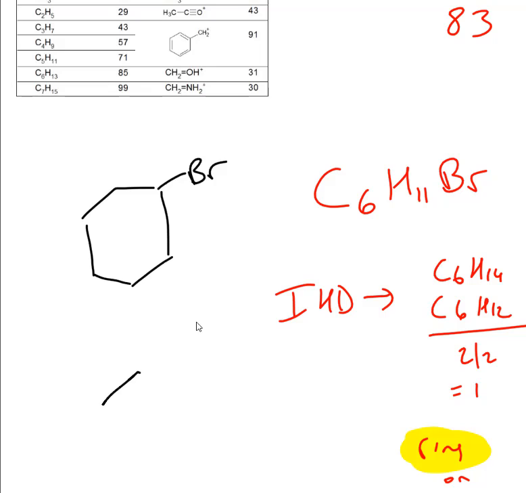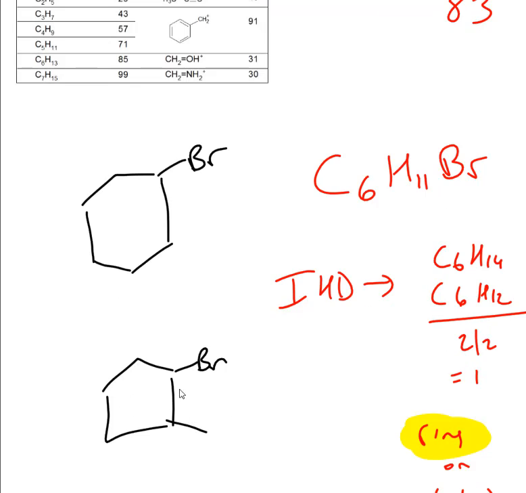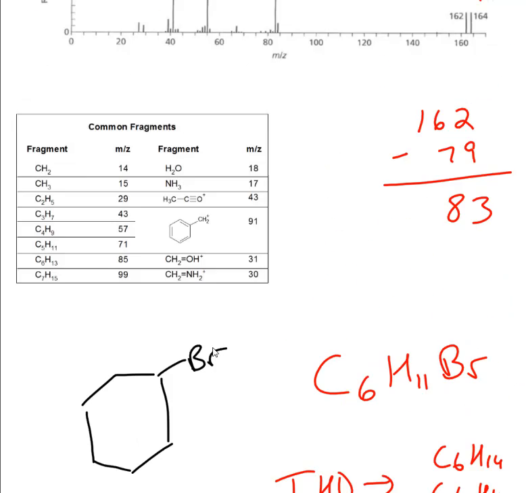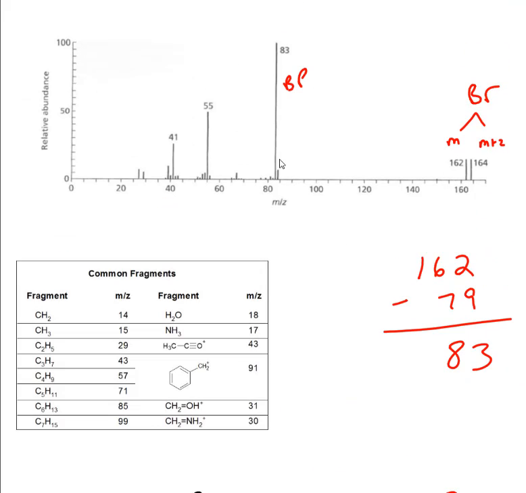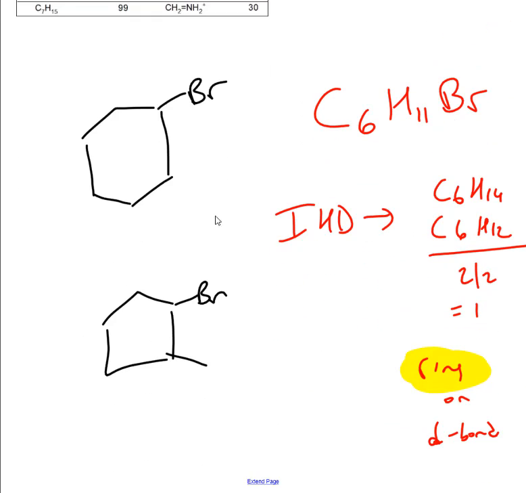Now, you might say, well, why didn't you do like a 5-membered ring, Br, and a methyl? Because once you start doing that, now you should start seeing like methyls breaking off. And so you should have a reading for 5 carbons and a Br. But there is none of that, because that would be within this range here, right? So I don't see any of that. So the only thing I see, the first reading up is a Br leaving, but I don't see anything else leaving. Right?